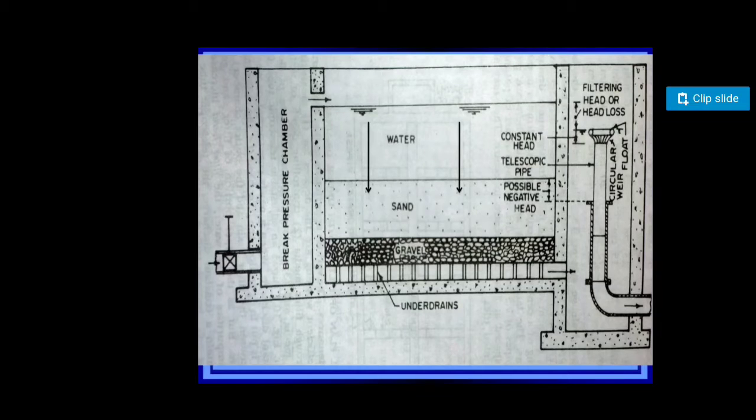From the break pressure chamber, a continuous flow is provided, and a constant head is maintained. When this head is loaded, or when the wastewater is loaded, there is a sand layer and a gravel layer, and beneath the gravel layer there are underdrains also, right?